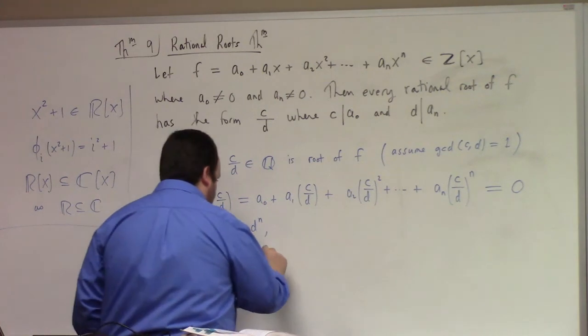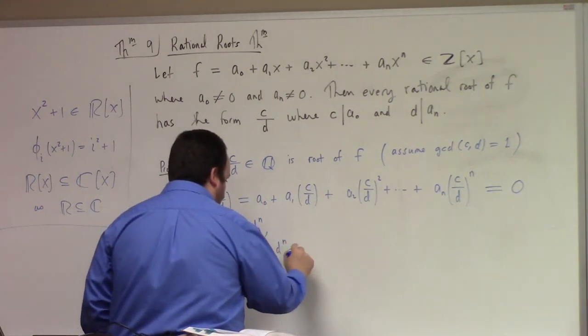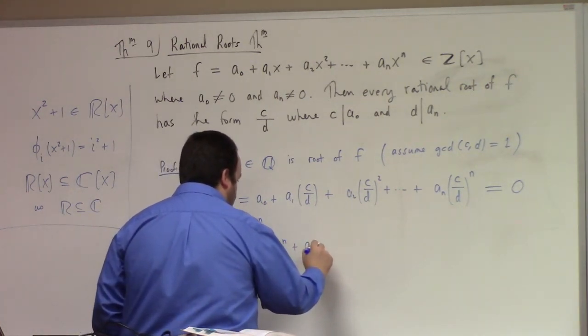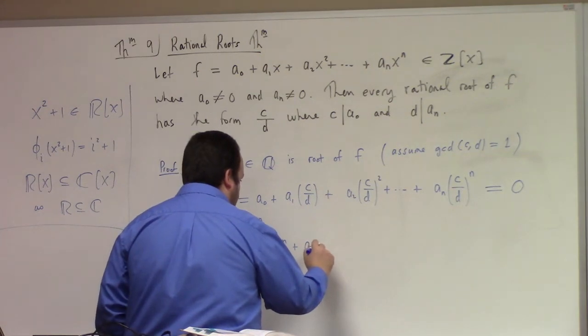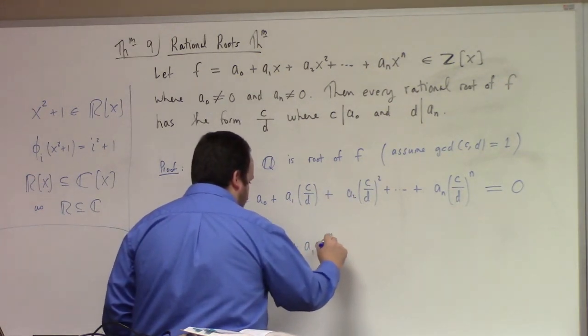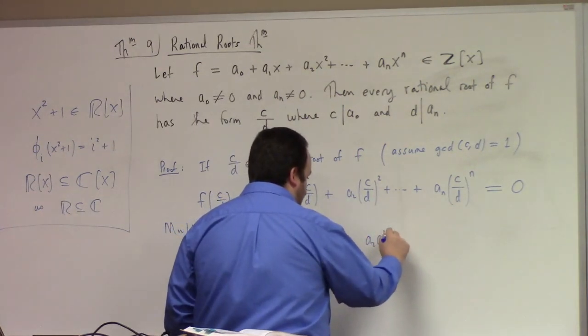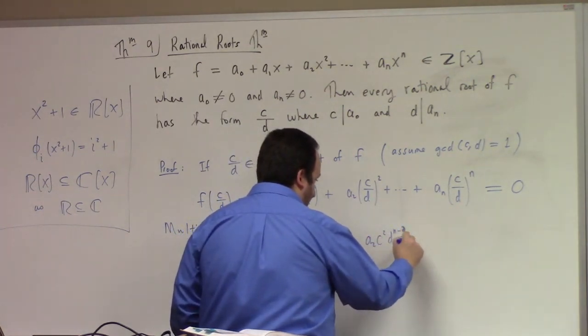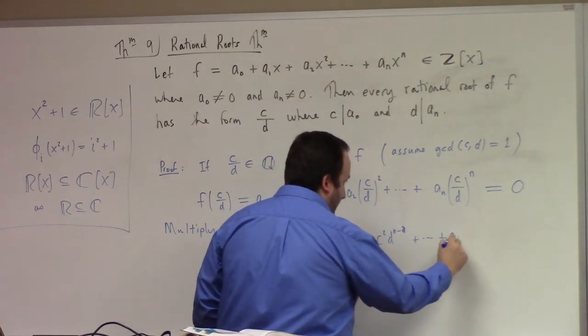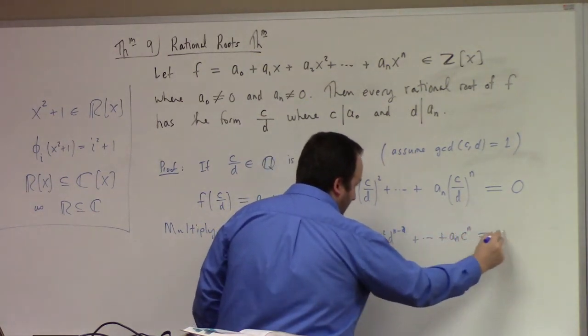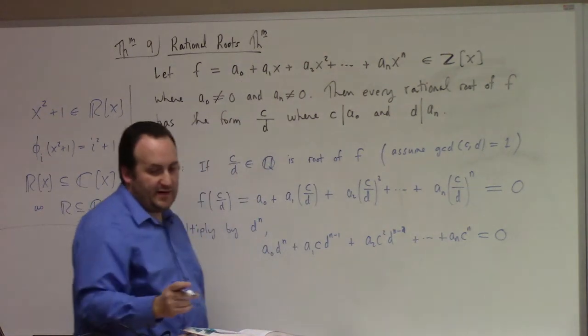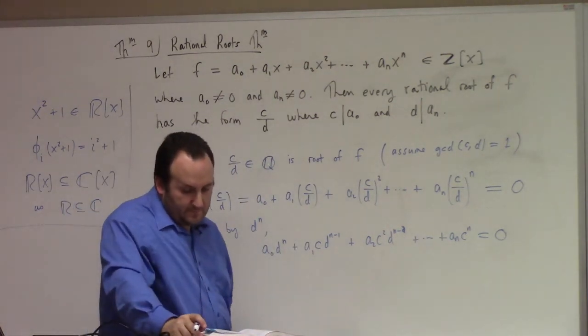We get a naught d to the n plus a1 c d to the n minus 1, plus a2 c squared d to the n minus 2, plus up to an c to the n equal to 0, because 0 times d to the n is still 0.